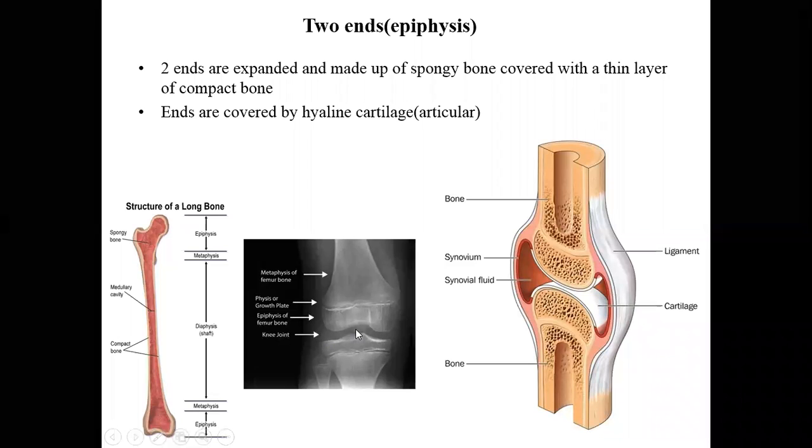There is a cartilage, which we cannot see here, but it is there. And here the articular cartilages are usually hyaline type of cartilage. Cartilages are of many types: elastic cartilage, hyaline cartilage, fibrocartilage. So this cartilage near the ends of the bone is the hyaline variety.